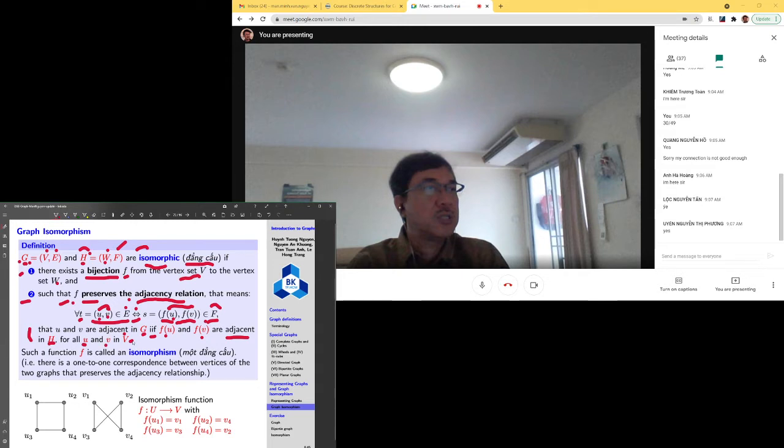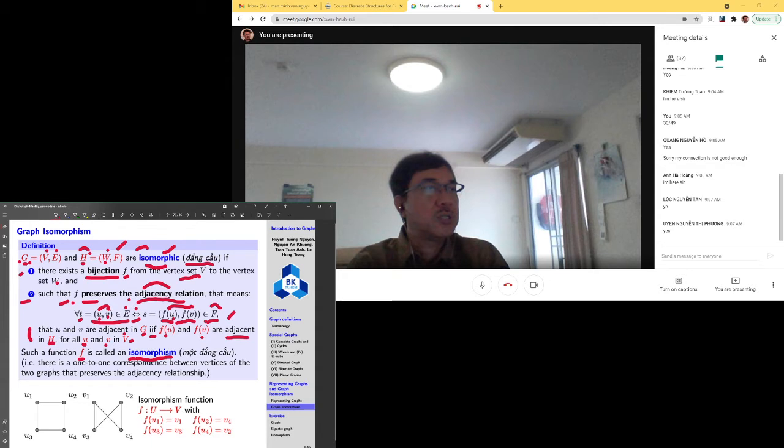So isomorphic requires two conditions. First, there exists some bijection between the two vertex sets. Secondly, the bijection must maintain the adjacency in this sense. Okay, then if the two conditions are satisfied, we have an isomorphism. This is the technical term. Isomorphism is a noun, isomorphic is an adjective.